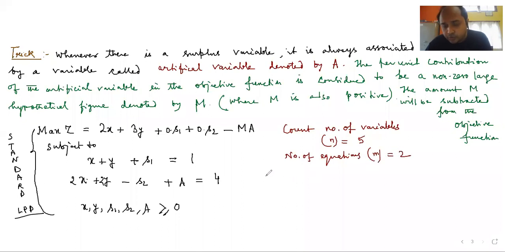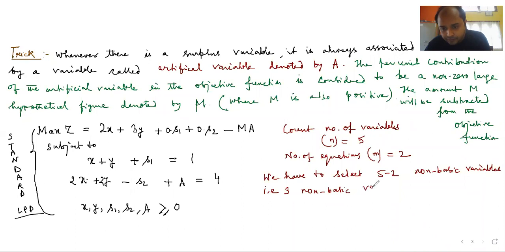So according to the rule, we have to select 5 minus 2 non-basic variables, that is 3 non-basic variables. There is a convention which I'm going to make right now.